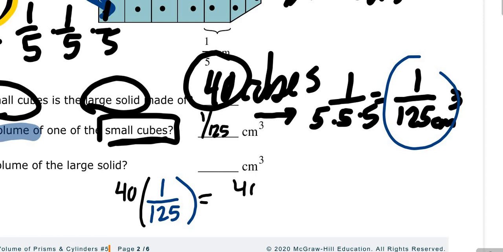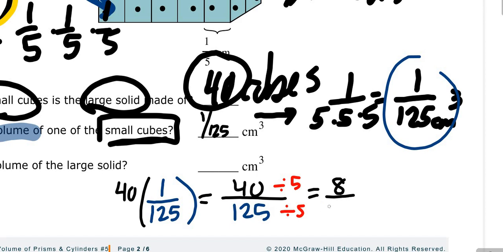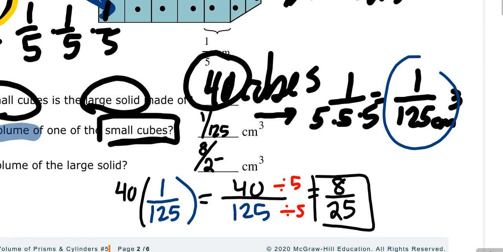And you end up with 40 over 125. We're going to reduce, since 40 is divisible by 5 and 125 is divisible by 5. 40 divided by 5, 125 divided by 5. So your actual volume of the larger rectangular solid is 8/25 centimeters cubed.